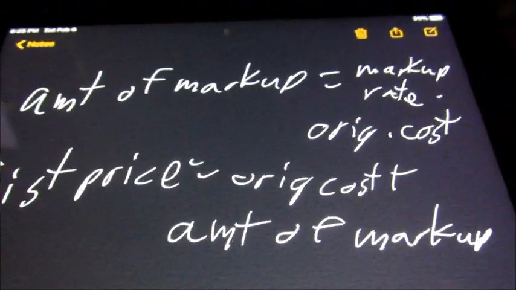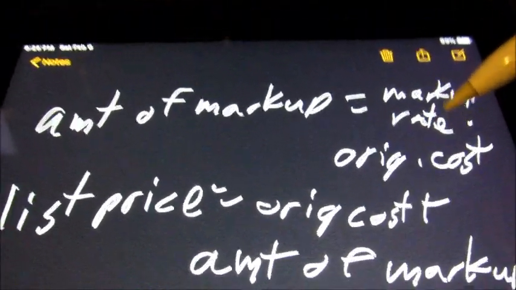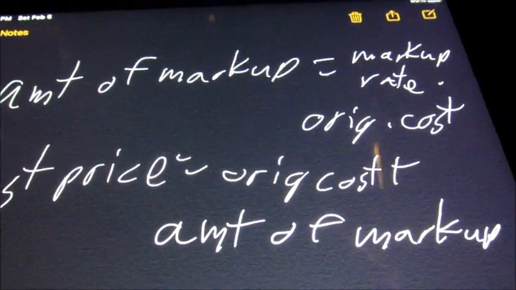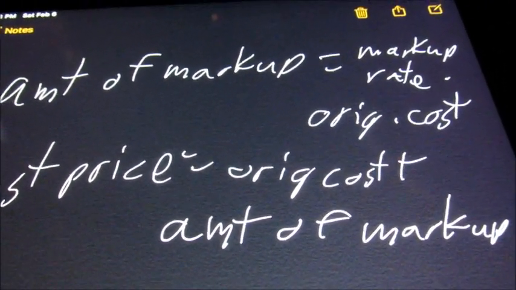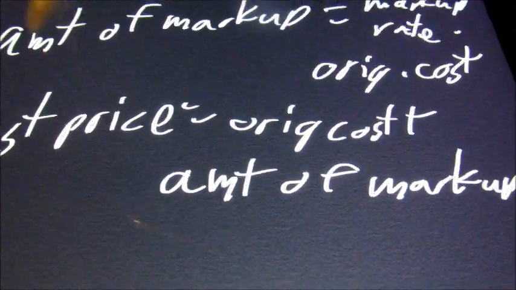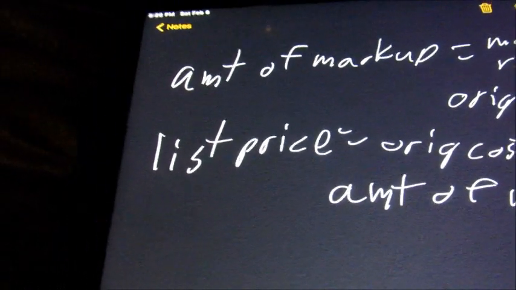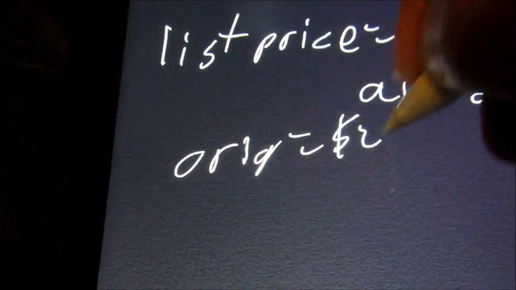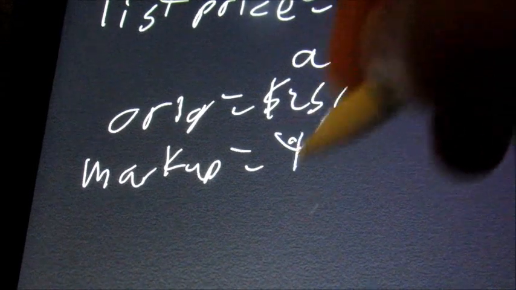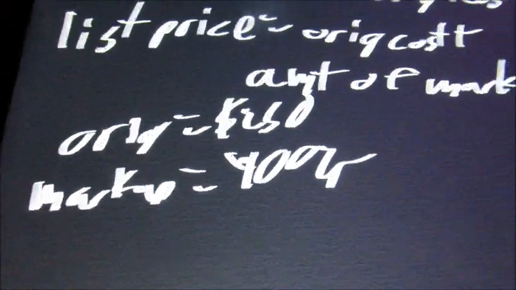So what it's saying is that the original cost is what the people are paying for it, like the store, and then they're going to multiply that by the markup rate, and then they're going to add that amount to the original to get their list price. So if the original is $250 and the markup is 40%, what is the list going to be?